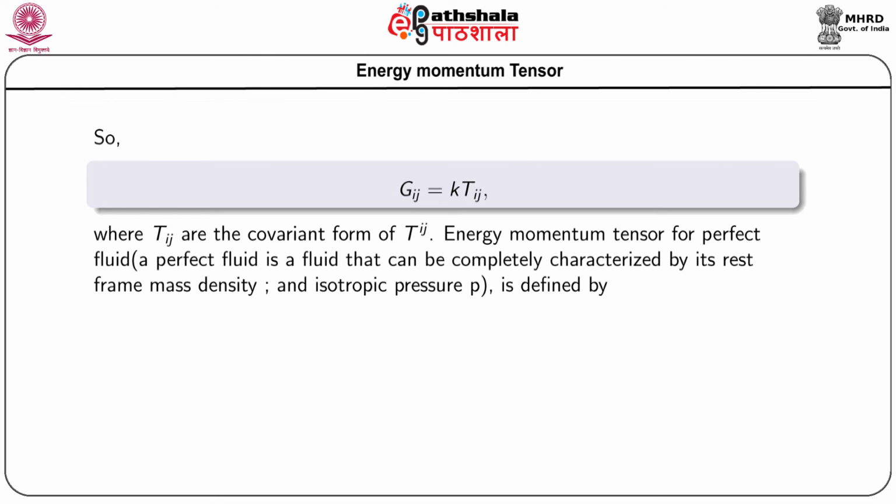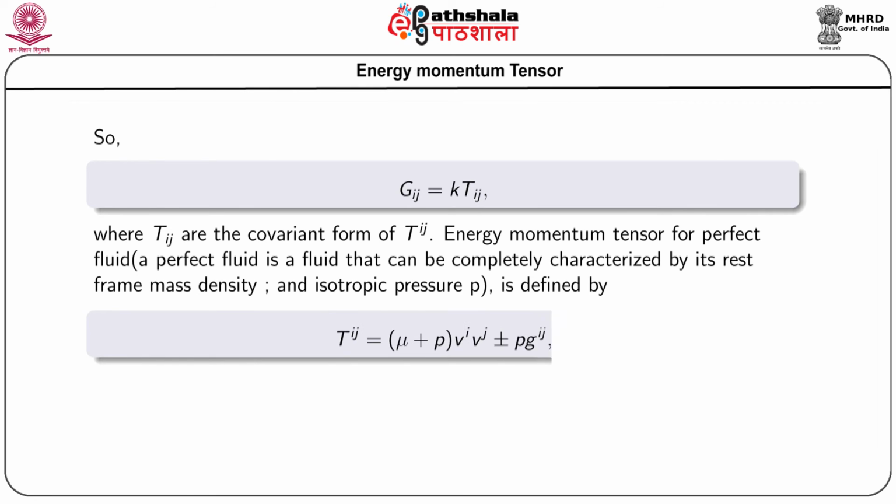Now, the energy momentum tensor for a perfect fluid, that means a fluid that can be completely characterized by its rest frame mass density and isotropic pressure, that means the pressure is equal in all respects, is defined by Tij equals mu plus p Vi Vj plus minus p gij.